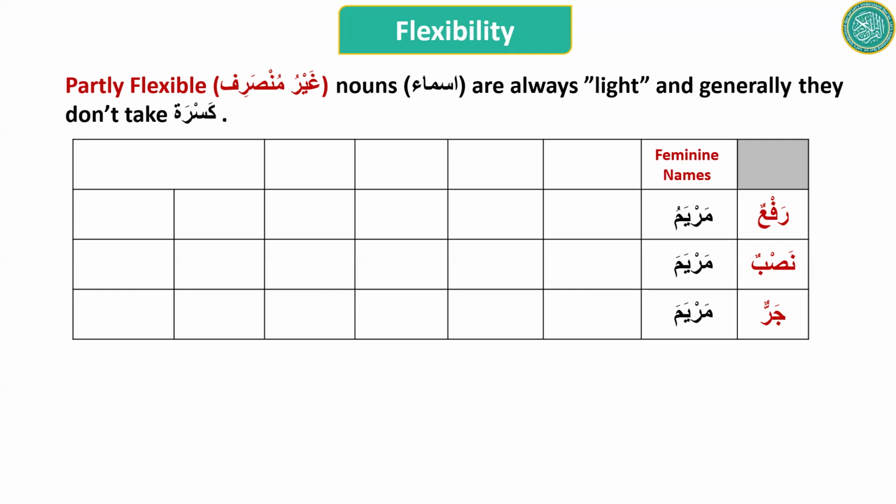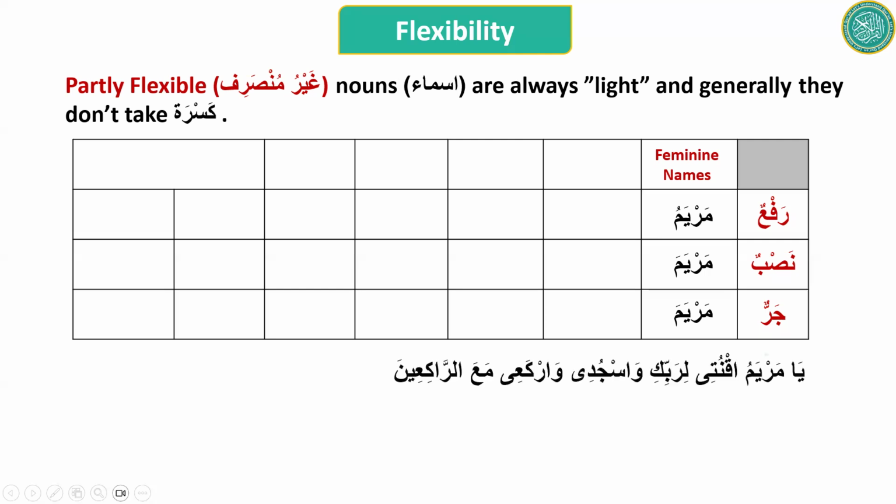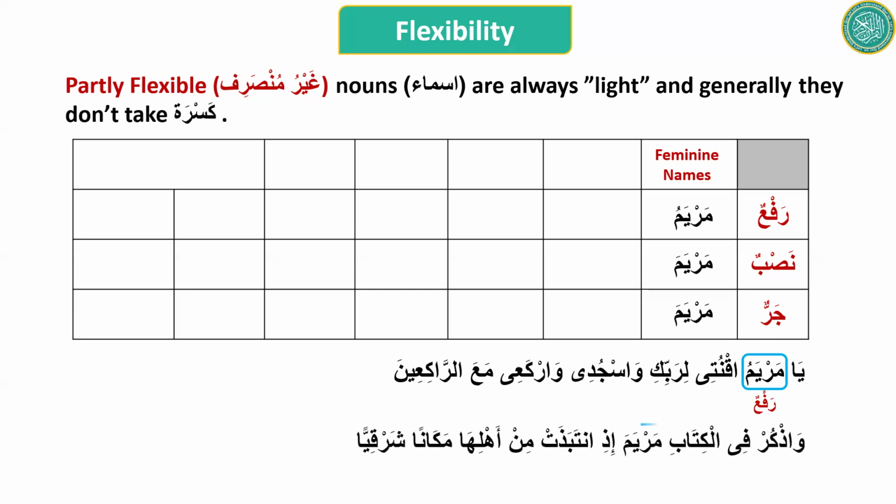For example, again, I give you an example here. Maryamu. Ya Maryamu kutuni li rabbika wasjudi warka'i ma'ar raki'in. Simple. It is Rafa. We know that. But in the next example, it's Maryama. We don't know if it is Nasab or Jar. In the third example, it is again Maryama. We don't know which one it is.